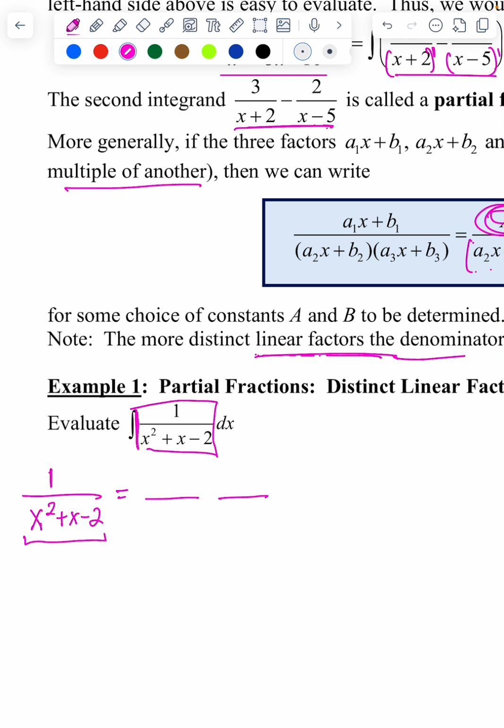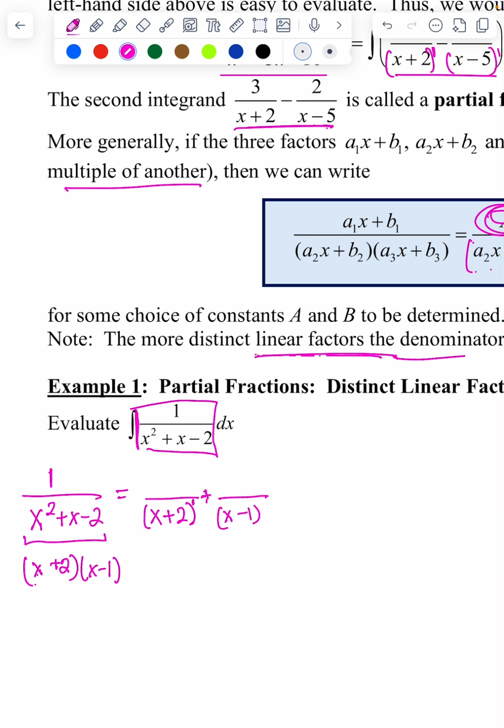So before I can decompose this, I need to factor the denominator and see how many denominators I'm going to end up with. So of course, with the x box method, when you factor this, you end up with x plus 2 and x minus 1. So now we have our two linear factors. That is what is important. And we're going to add them together.